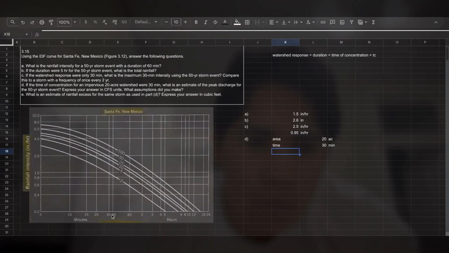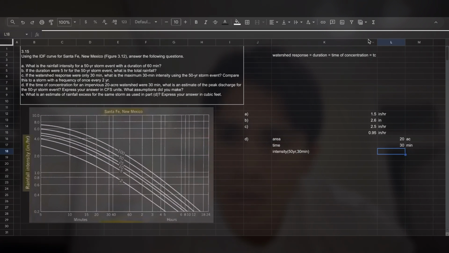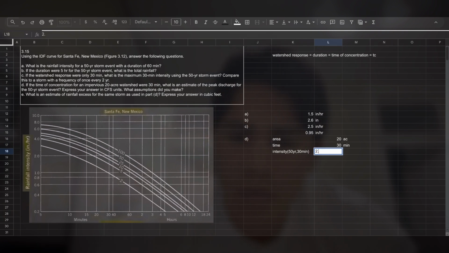So we already saw that for a 50-year storm event for 30 minutes, the intensity was about 2.5 inches per hour.